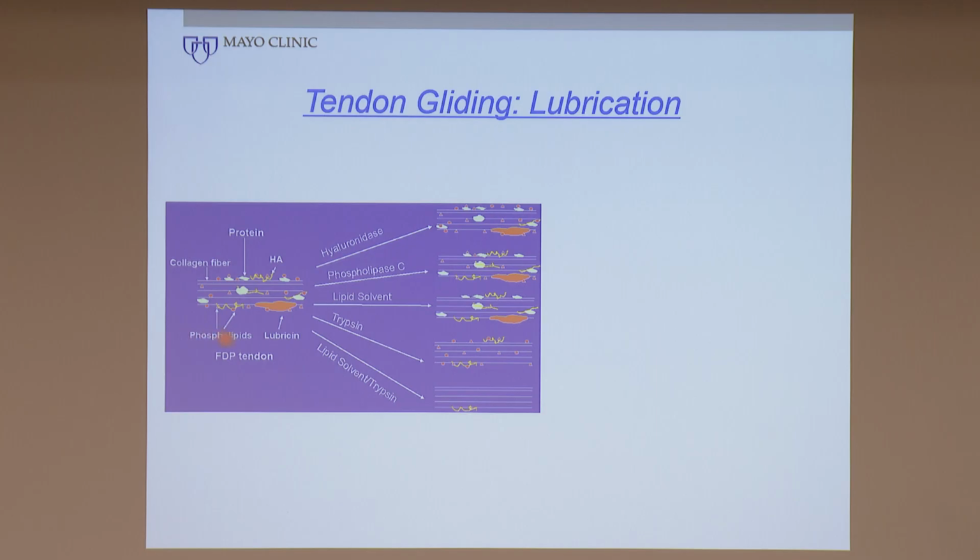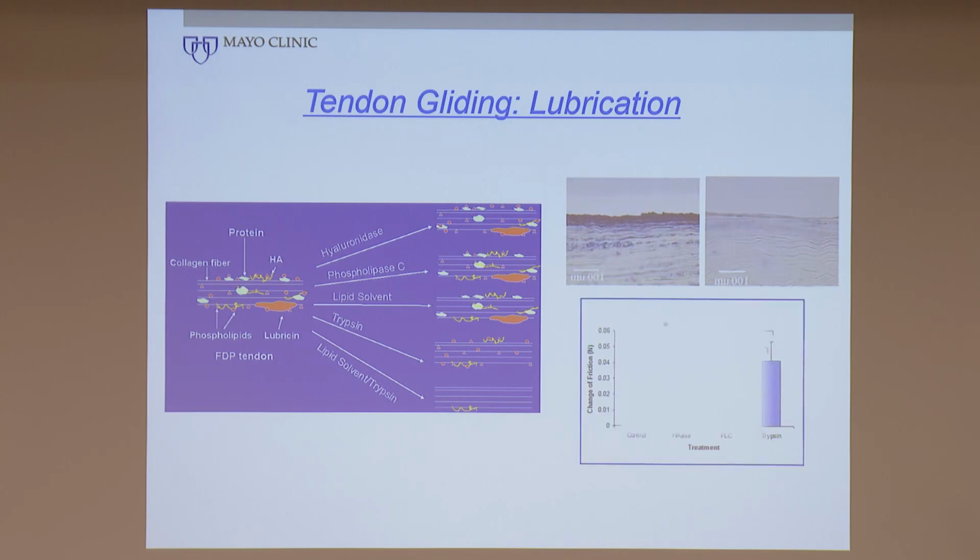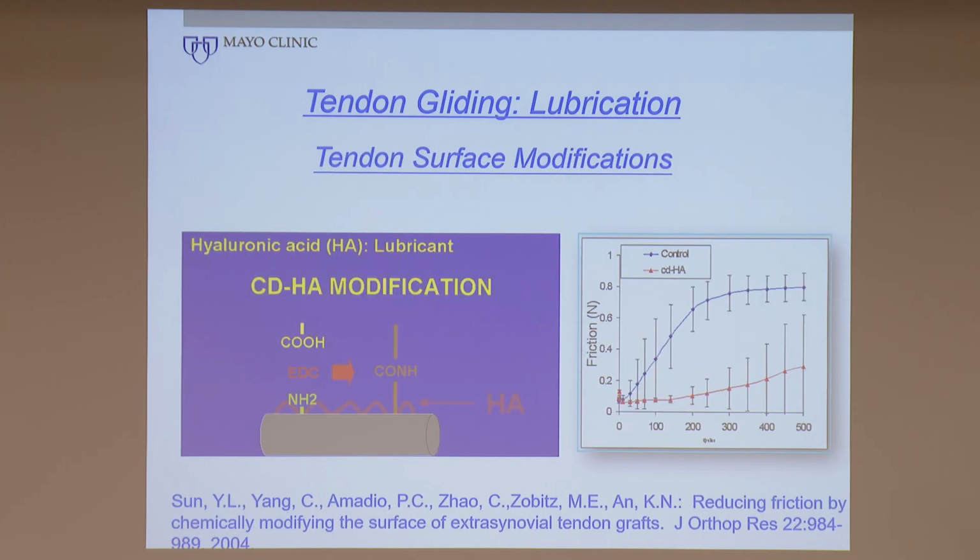Of course, we also spent time looking at specific lubricants, including phospholipid and other proteins like hyaluronic acid. How do they really affect the friction through the tendon? We also developed a special CD-coated hyaluronic acid lubricant on the joint surface to help prevent adhesion after tendon surgery.